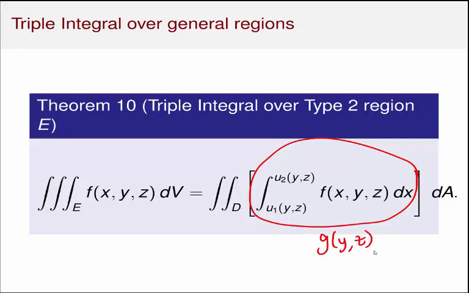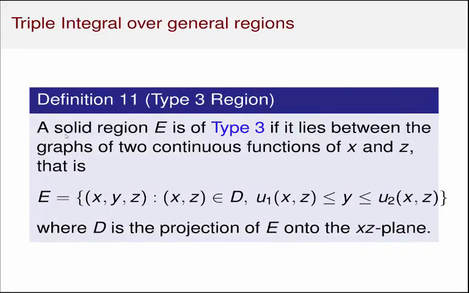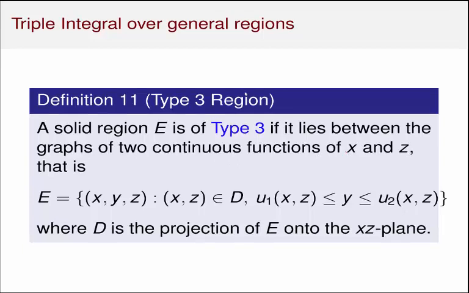Now this makes sense because next we're going to compute a double integral of this function over a region D which lies on the YZ plane. Okay? Let us now move on to a type 3 region. Well, a solid E is of type 3 if it lies between the graphs of two continuous functions of x and z.